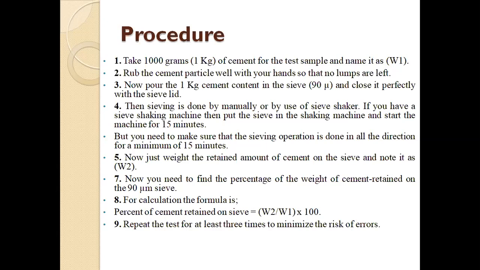If you have a sieve shaking machine, then put the sieve in the shaking machine and start the machine for 15 minutes. That is, the sieving can be done manually or by use of the machine, that is sieve shaker.